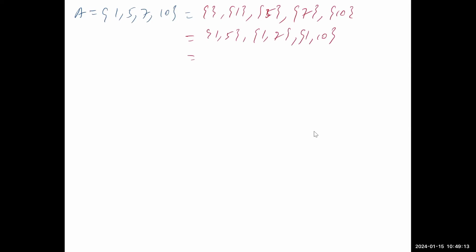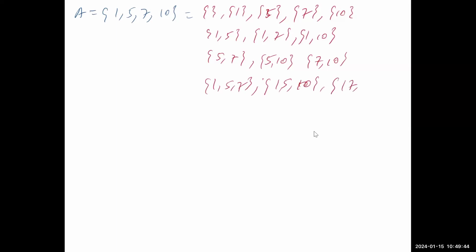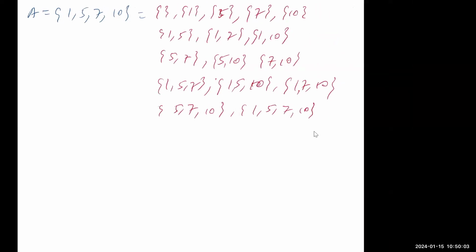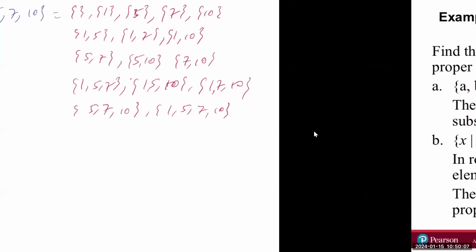Also we can list others: 5 7, 5 10, 7 10, and 1 5 7, 1 5 10, 1 7 10, and 5 7 10, and 1 5 7 10. So we can list all the subsets out.